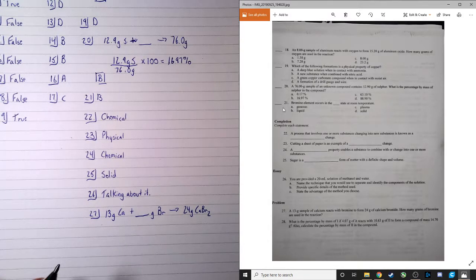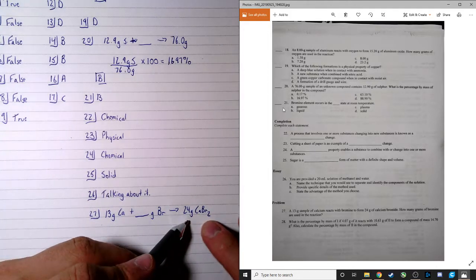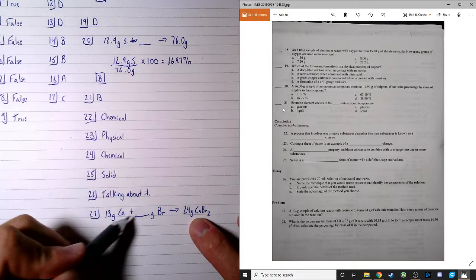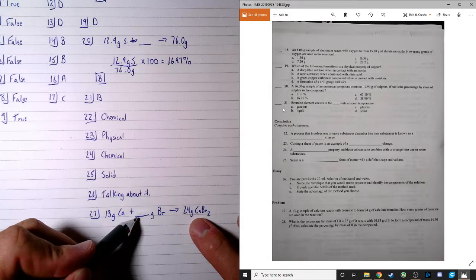Once again, this is just a simple calculation. It's a subtraction. You have 24 grams of this compound. 13 grams of it is calcium. What's the remaining in bromine?